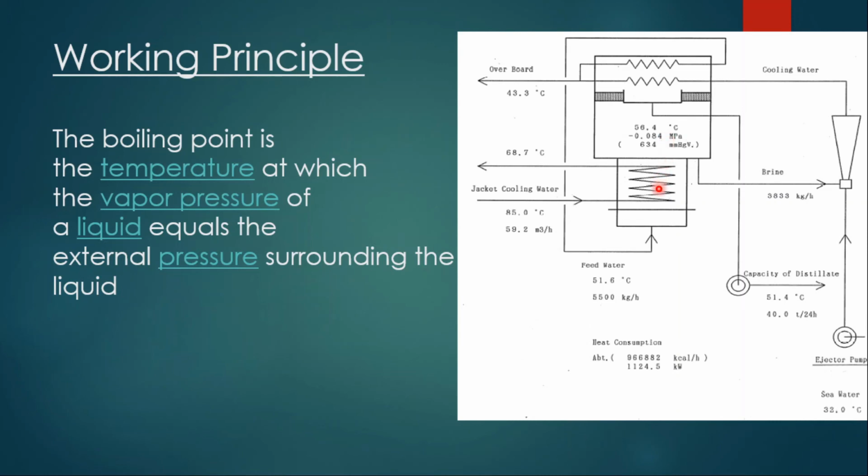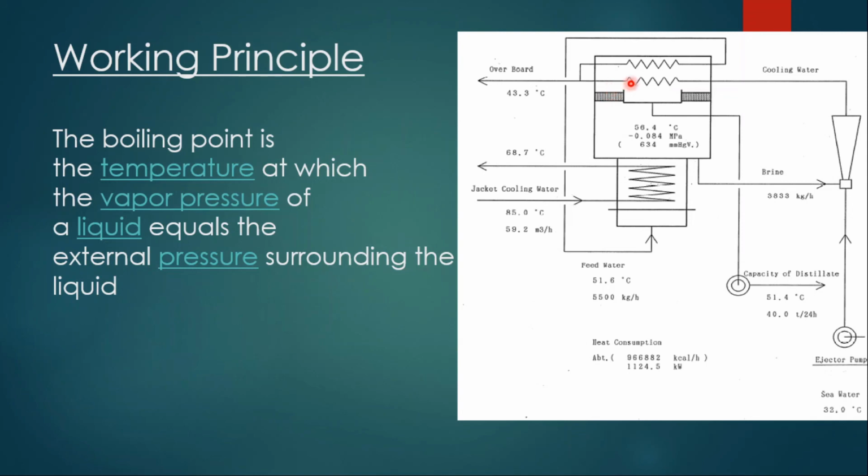So water gets boiled at a low pressure. It creates the vapor. The deflector is there. The deflector prevents the water droplet from getting into the demisher. So the vapor passes through the demisher. Demisher also prevents the water droplet from passing through it. It won't allow water droplet.